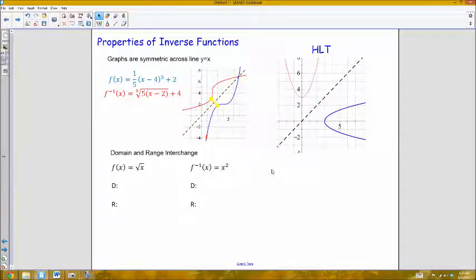Now, notice for these particular graphs, the parent function is x squared, the quadratic function. So the parent function would look like this. It's just been shifted up. Now, we know that the inverse of the squaring function is the square root function, but recall that the square root function is actually just this upper half of this graph.